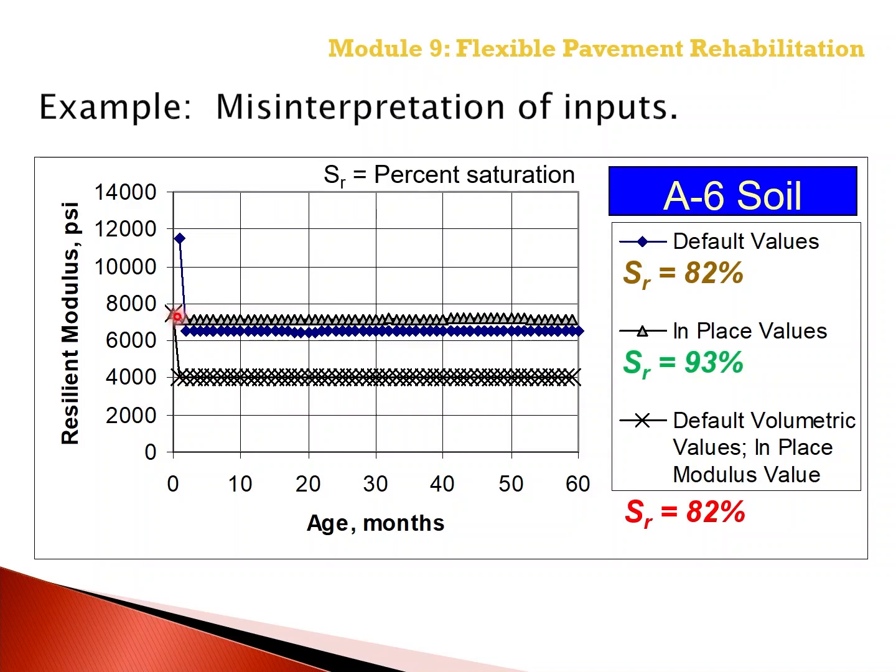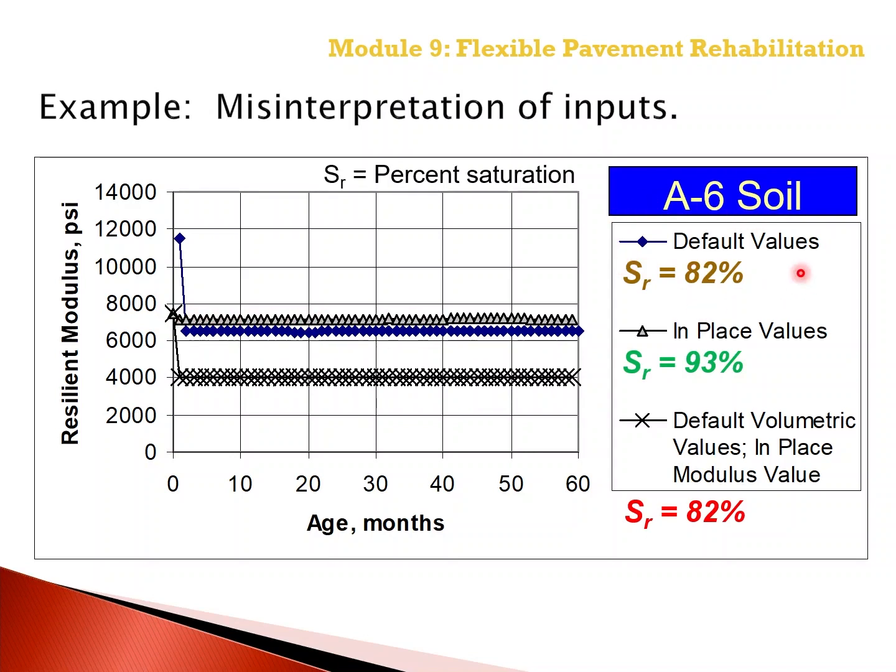If, however, we use the in-place volumetric values of about 93% with the same back-calculated modulus, then the program is not going to decrease the values because the water contents are already relatively high. And so they're, in a sense, about 7,000 psi.